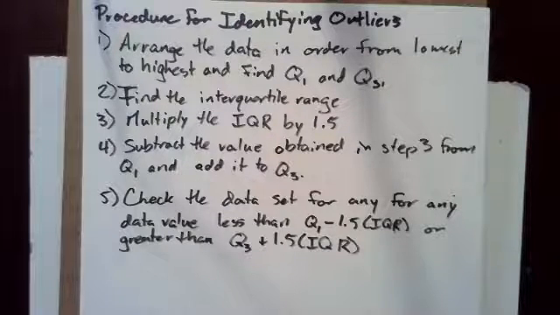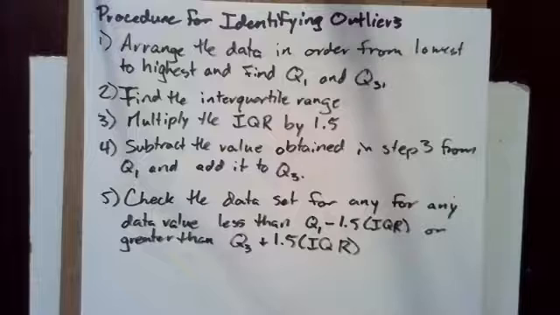Subtract the value obtained in step 3 from Q1 and add it to Q3, and then check the data set for any data value less than Q1 minus 1.5 times the interquartile range, or greater than Q3 plus 1.5 times the interquartile range.